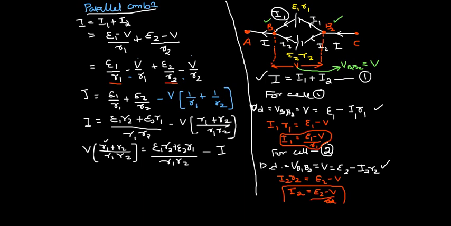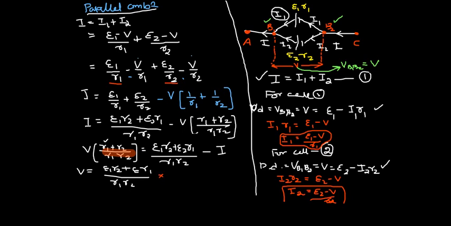We have to bring this on the RHS now. Therefore I'll write it here, V is equal to, because this page is not sufficient to derive this complete derivation, E1 R2 plus E2 R1, whole divided by R1 R2, right? Now we have to take this term on the RHS, therefore we have to take the reciprocal.